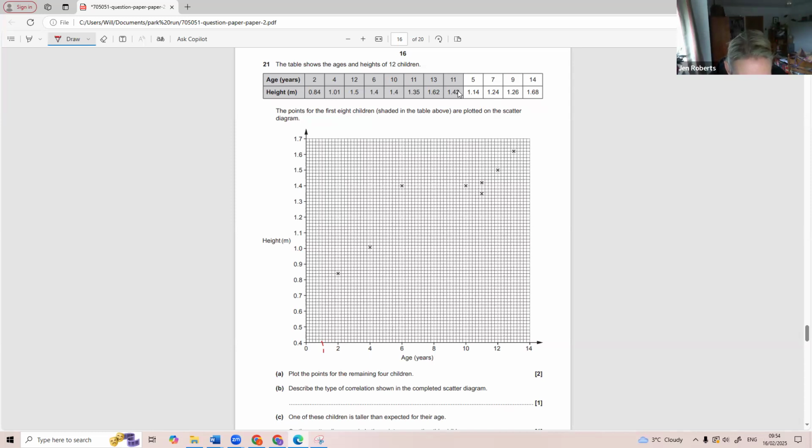1, 2, 3, 4, 5. Oh no, I need between 4 and 6. 1, 2, 3, 4, 5. So that's 5. We go up to 1.14. So that's 1.12, 1.14 there. Then 7 and 1.24.